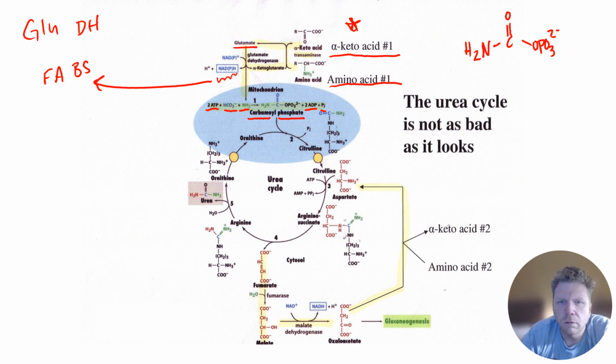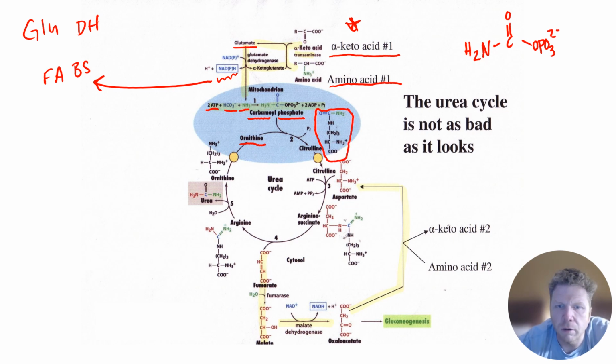That carbamoyl phosphate is going to then react with a molecule known as ornithine. Ornithine is an amino acid, and what we're going to produce from the reaction between carbamoyl phosphate and ornithine is another compound known as citrulline. Citrulline is shown right here.